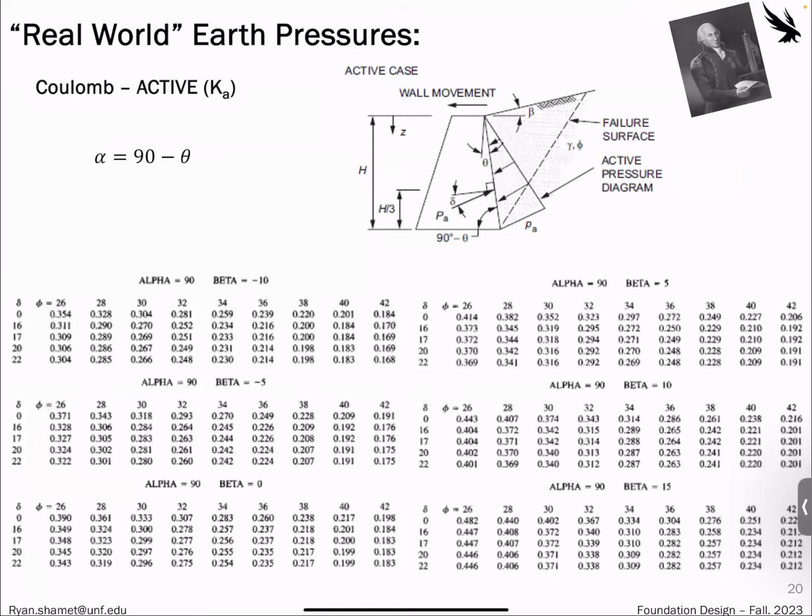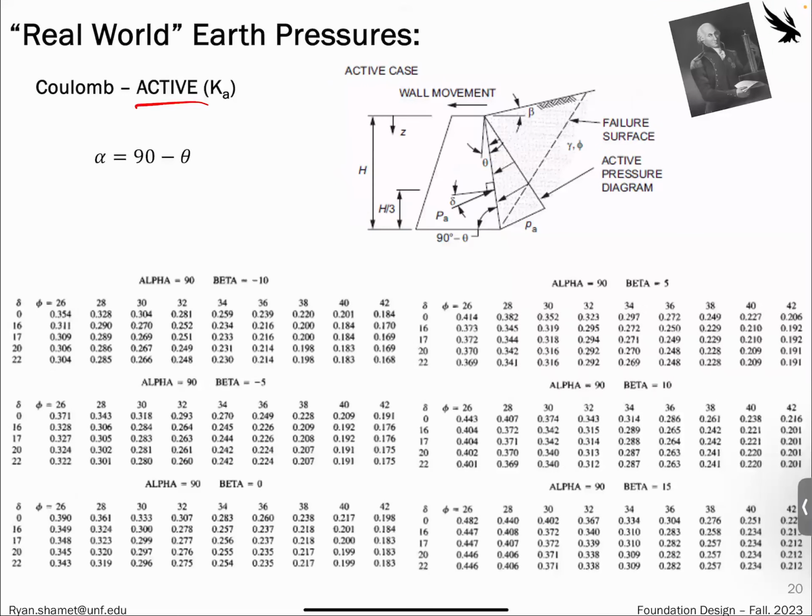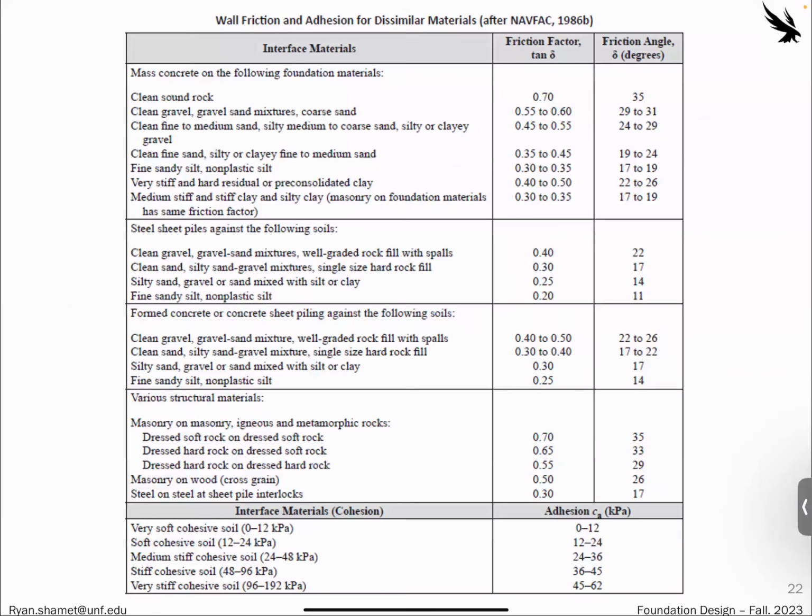The important thing to remember is that it is always in terms of effective stress. So active and passive are different. And this table shows the general rule for typical values of the friction factor, which is delta, the wall friction angle, not our normal phi angle. This is just the soil-structure interaction.